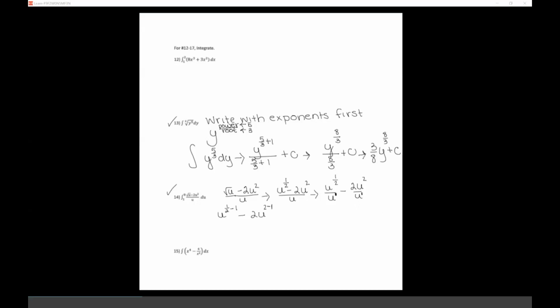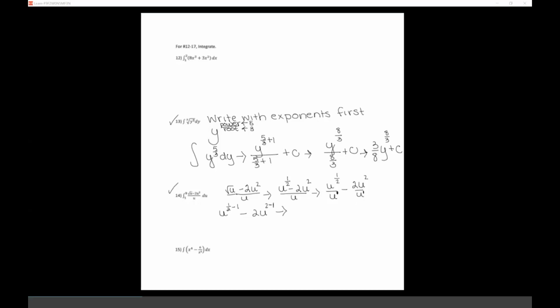Here's what it finally looks like: 1/2 minus 1 takes you to the negative side, and 2 minus 1 gives minus 2u to the first. Everybody good with that? Now you're ready to integrate from 1 to 9, but you've got something much simpler to integrate: u to the minus 1/2 minus 2u to the first du.